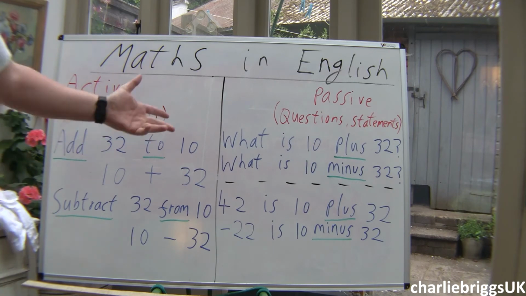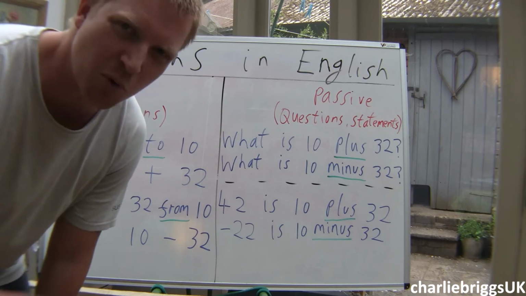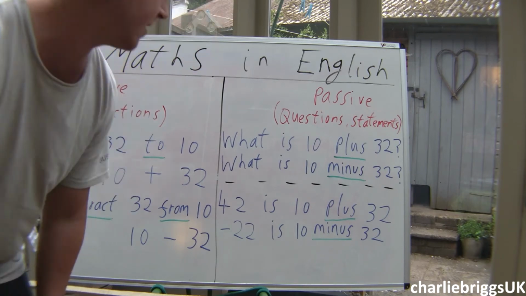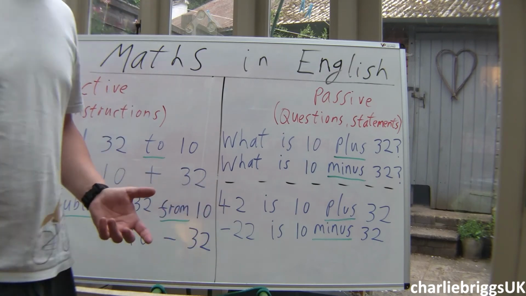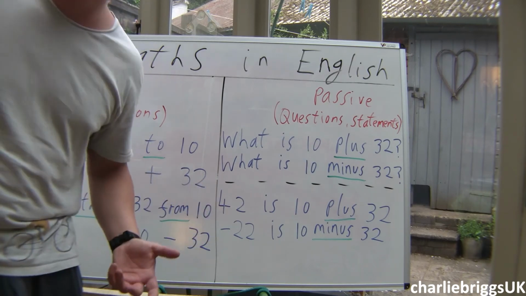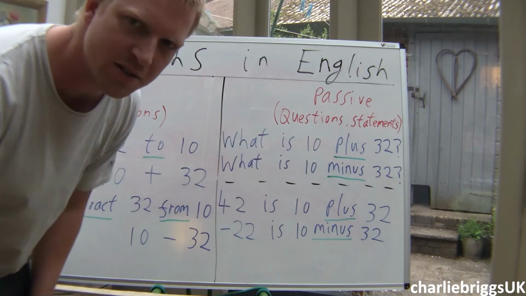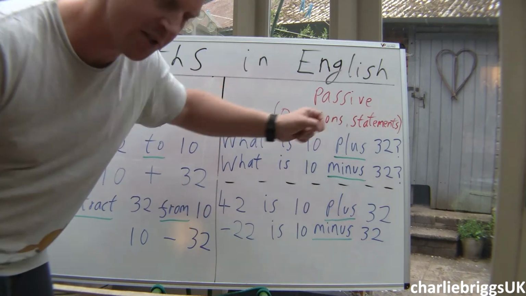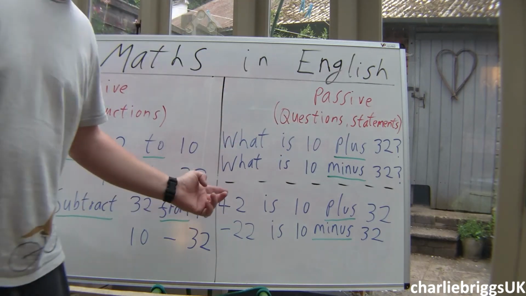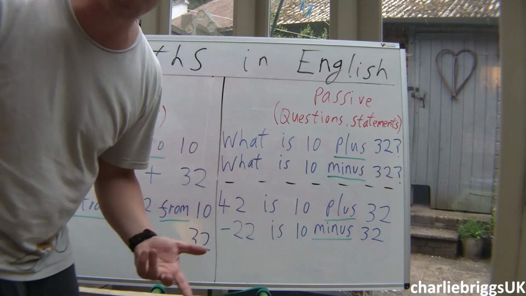Alright, now we want to ask a question. Here we use the more passive way of doing it. What is 10 plus 32? What is 10 minus 32? So now we use the words plus and minus. And it's the same if we're making a statement. 42 is 10 plus 32.